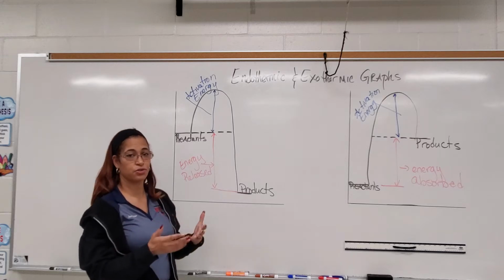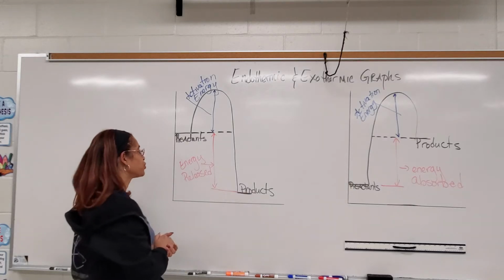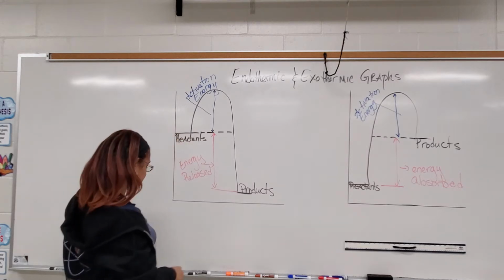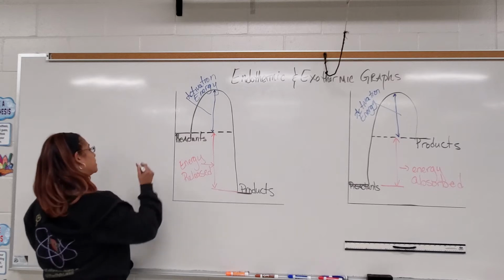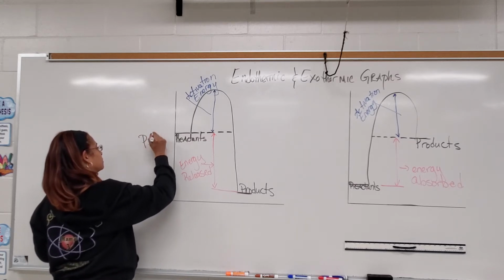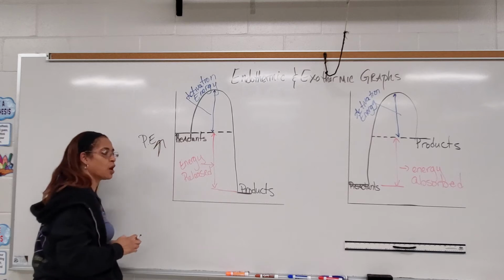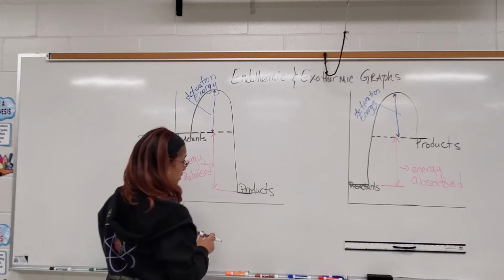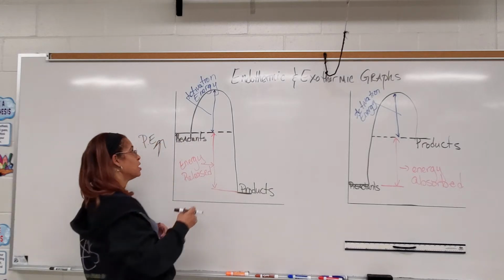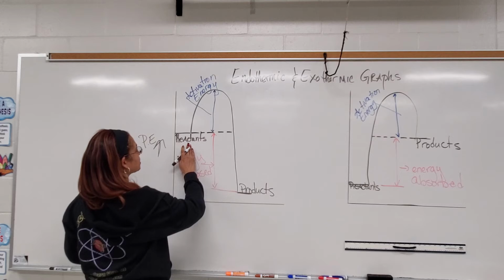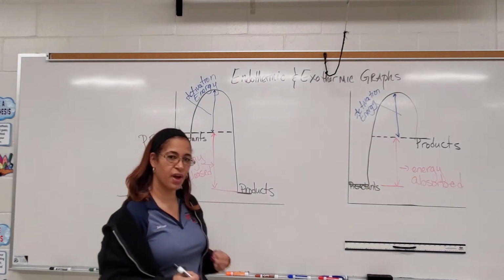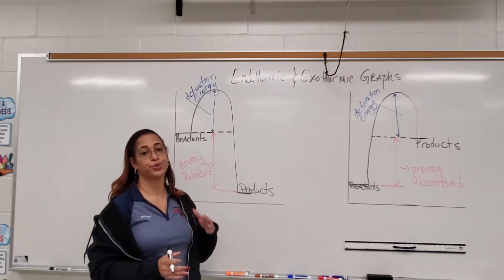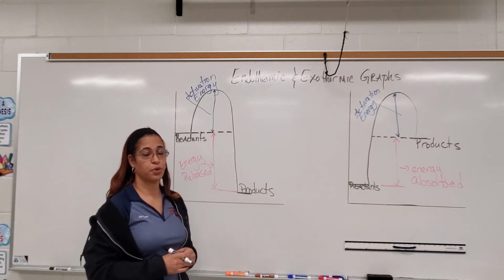We're looking at energy levels of reactants and products. So this set of reactants here, they're sitting at this potential energy level. As these reactants need to undergo a chemical change, they're going to absorb energy from the environment in order to reach that point that they need to reach to undergo a chemical reaction.